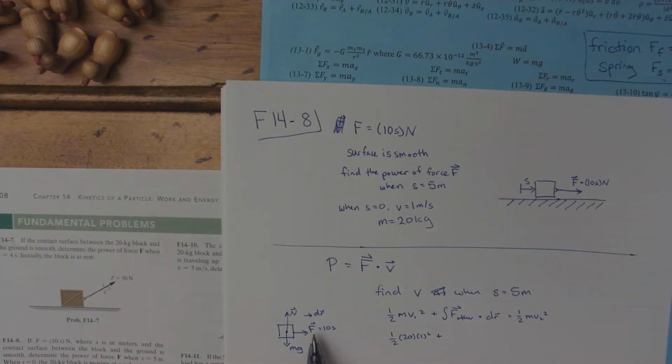So the force and the displacement are acting in the same direction, so the dot product here will be positive, and the surface is smooth, so there's no friction to consider here.